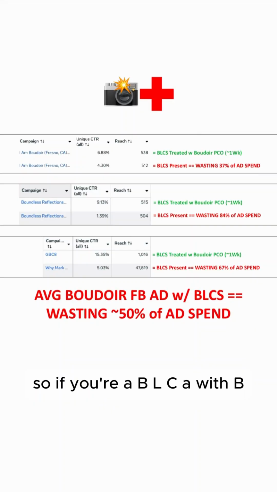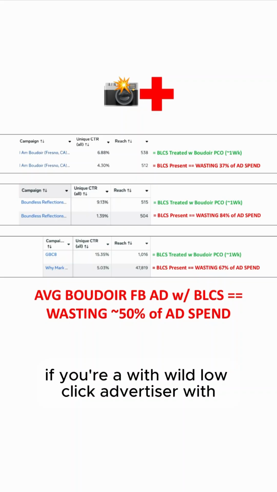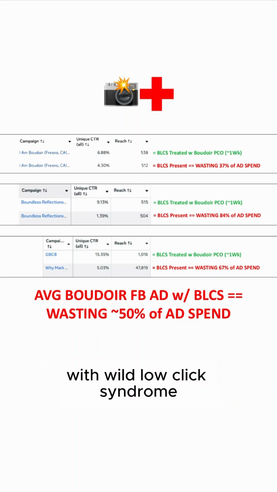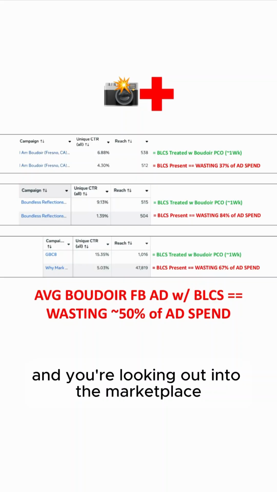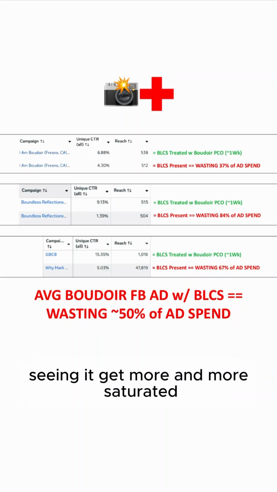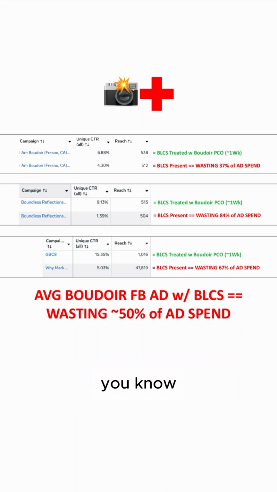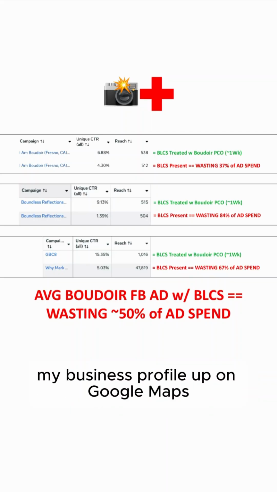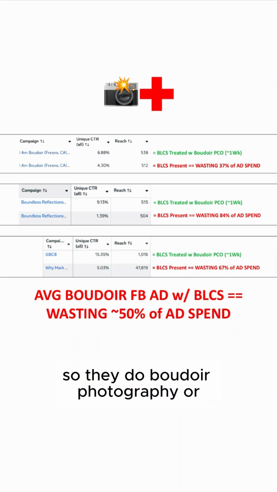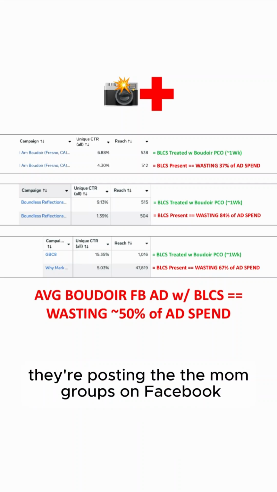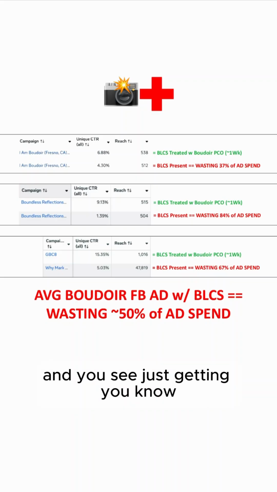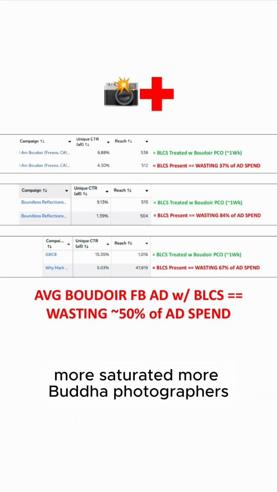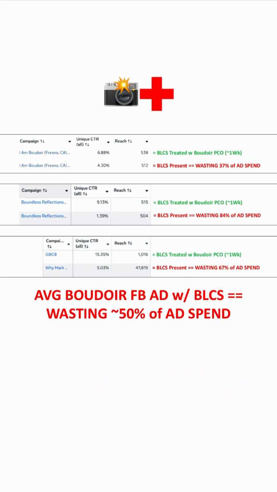So if you're a BLCA with BLCS, if you're a Boudoir low click advertiser with Boudoir low click syndrome, and you're spending more than 10 grand a month on Boudoir Facebook ads, and you're looking out into the marketplace, seeing it get more and more saturated. It seems like when someone gets a new iPhone, every single day someone's throwing up a new Google My Business profile on Google Maps saying they do boudoir photography, or they get a new camera, they're posting in the mom groups on Facebook saying they do boudoir photo shoots, and you see it's just getting more and more competitive, more saturated, more boudoir photographers, and you're seeing inflation, cost of living rise.